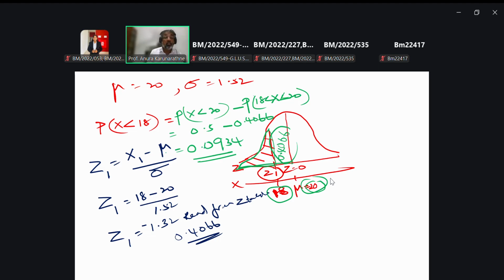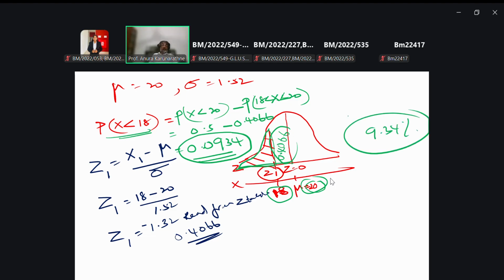There is a chance of completing this particular project below 18 weeks, or within 18 weeks. That is the answer, right? If you have any doubt regarding this calculation, you can ask.